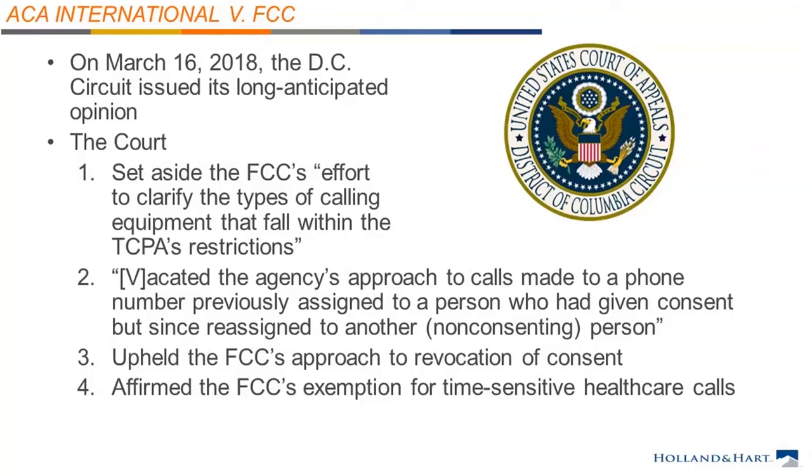So those were two aspects which they struck down in the order. The D.C. Circuit ended up upholding and affirming the FCC's approach to revocations of consent, and we'll talk about that in a moment. And they also affirmed the FCC's exemption for certain time-sensitive healthcare calls.